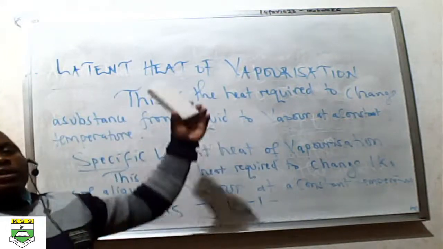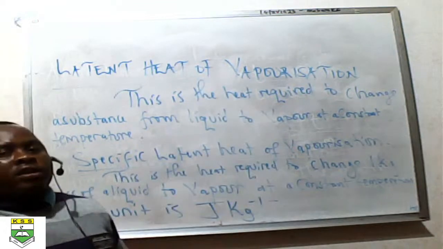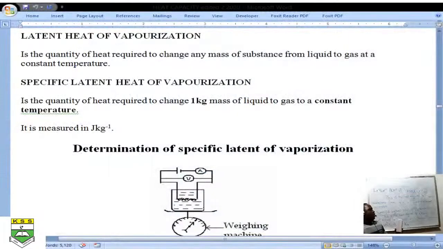Then the formula: when we were talking about latent heat of fusion, we said that Q is mLF. This time around, when we are talking about latent heat of vaporization, we shall say Q is mLV.